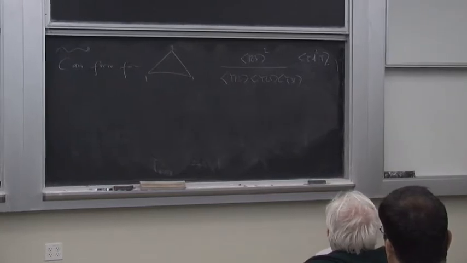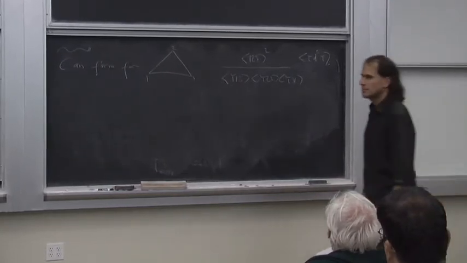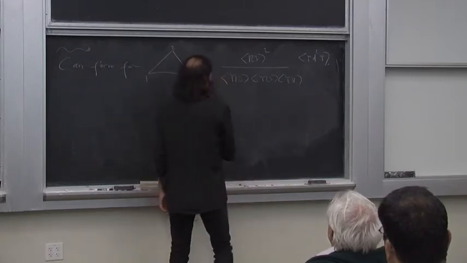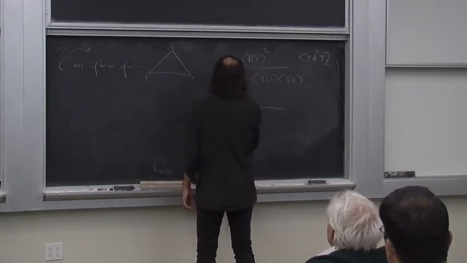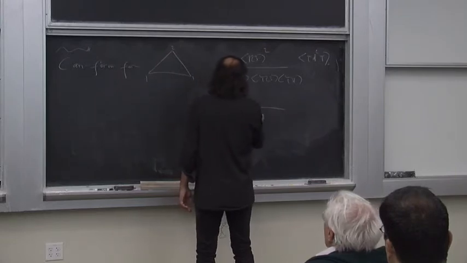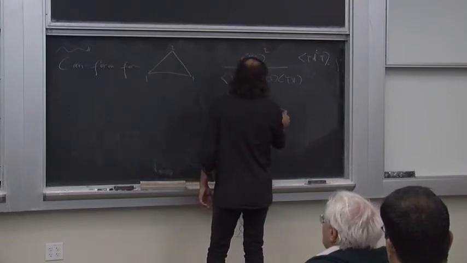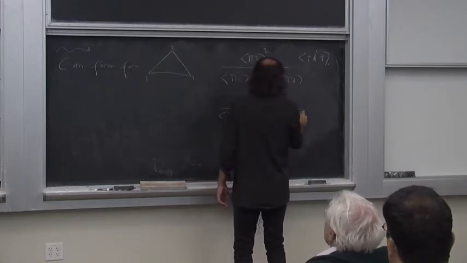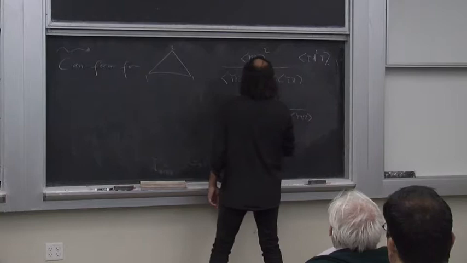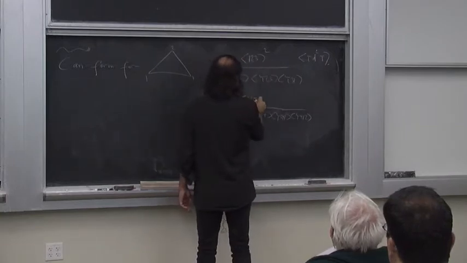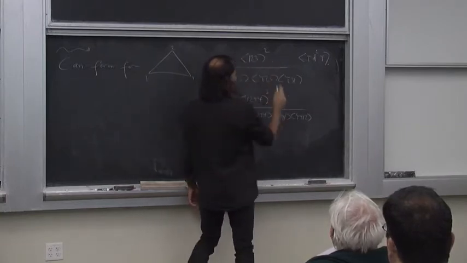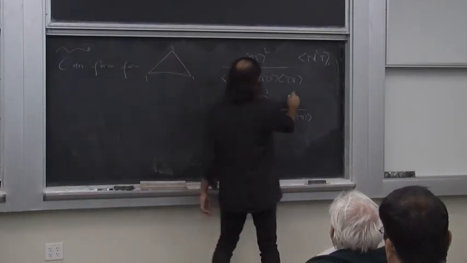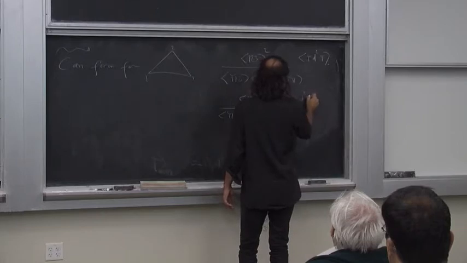One more variable. Well, a tetrahedron now has 4 faces. So for a tetrahedron, we'd have 1 over y1,2,3, y2,3,4, y3,4,1, y4,1,2. And then upstairs, we just have 1,2,3,4 cubed. And now y d cubed y.